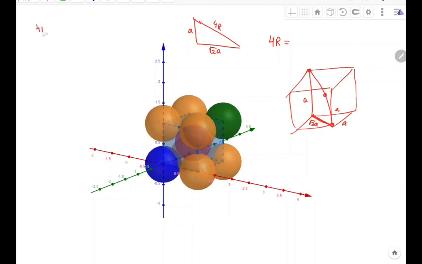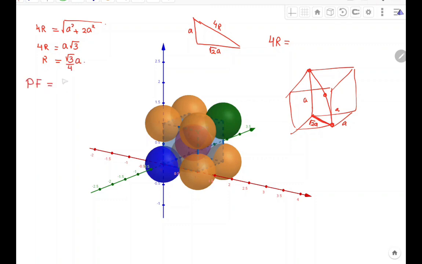So 4r is equal to the square root of a squared plus 2a squared, or 4r is equal to a square root of 3, so r is equal to square root of 3 over 4 a.